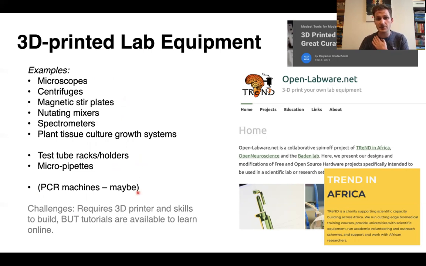I don't know about PCR machines, but maybe. Here on the side are different resources you can probably connect with, because they are actually creating these tools for Africa. So openlabware.net, Trend in Africa, etc.